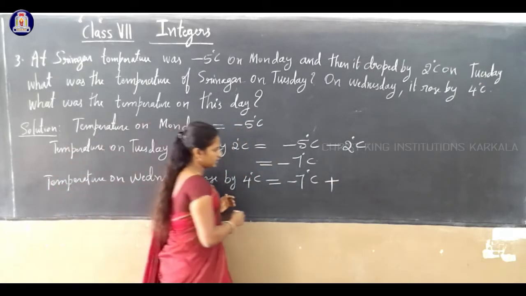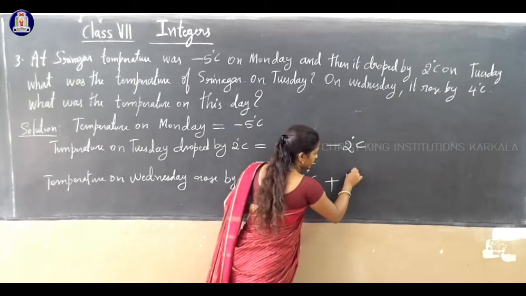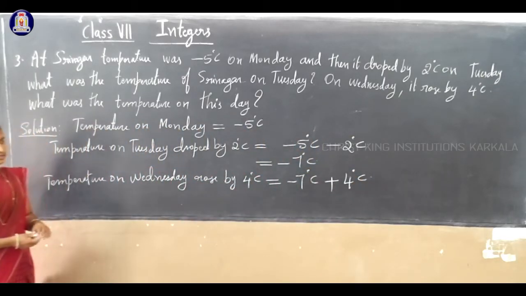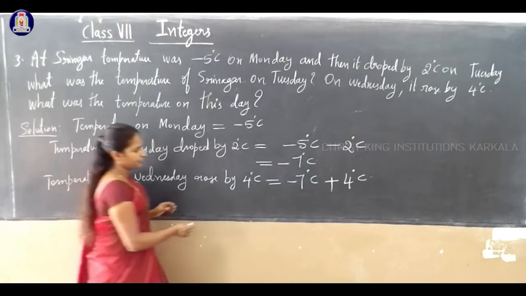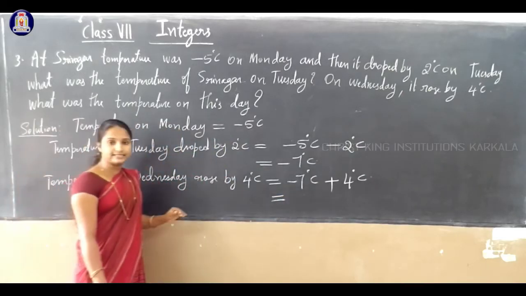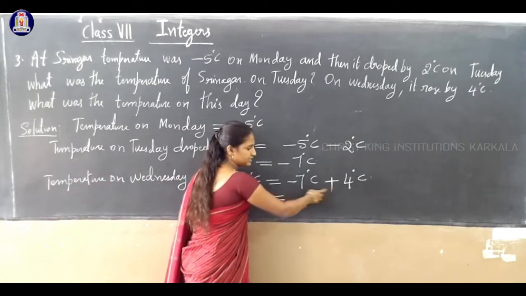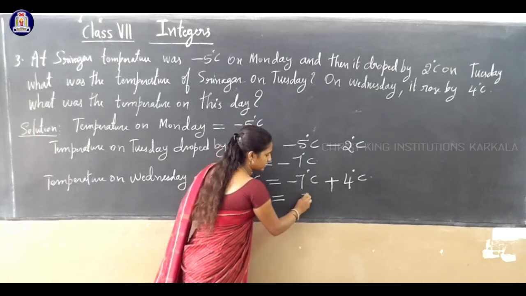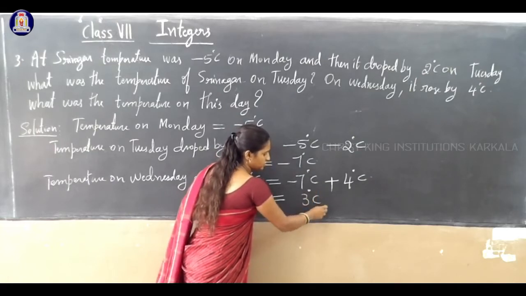So you write plus 4 degrees Celsius. So what is the answer? The answer is minus 7 plus 4. Different sign, subtraction. 7 minus 4 we get 3.